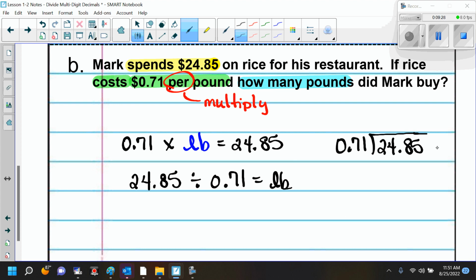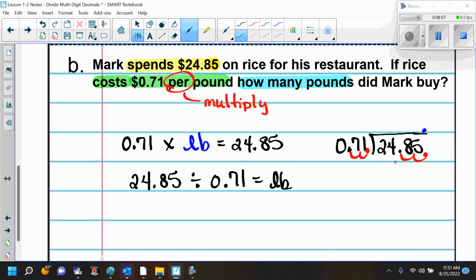Now, the first thing we want to do when we're doing the traditional model of division is move the decimal until the divisor becomes a whole number. So how many times am I going to move it? Twice. Very good. And if I move it twice in the divisor, I need to move it twice in the dividend. And then we're going to bring that decimal straight up. And now we just divide like normal.